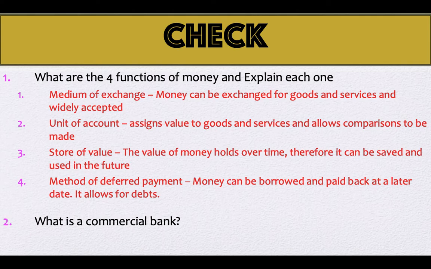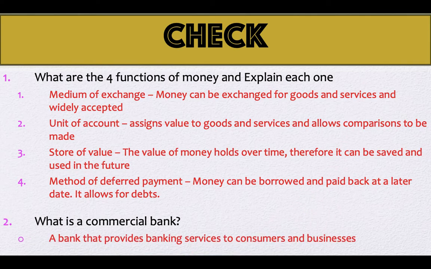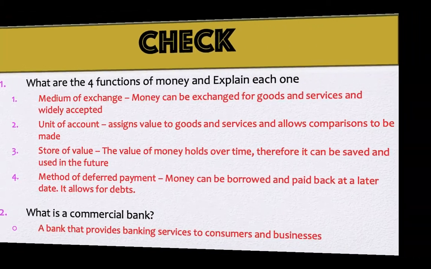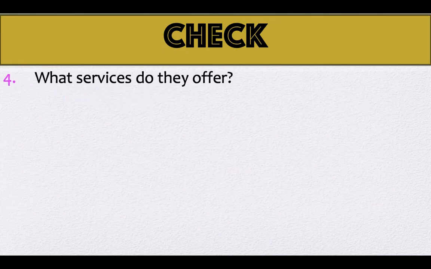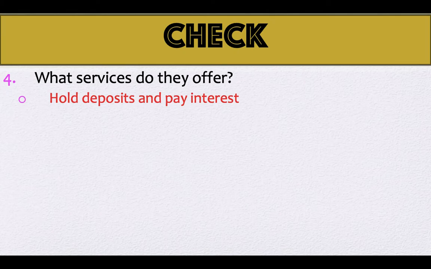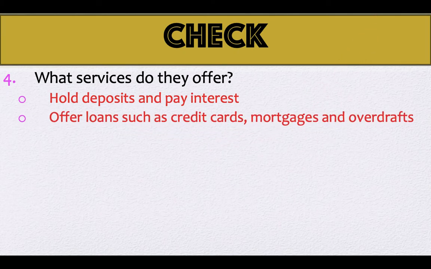Number 3, what is a commercial bank? It's a bank that provides banking services to consumers and businesses. Number 4, what services do commercial banks offer? Obviously they hold deposits and pay interest on those deposits. They offer loans such as credit cards, mortgages, and overdrafts.